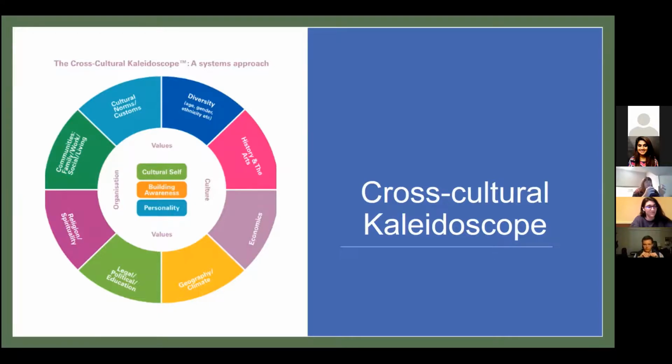We'll talk in a minute about how you can utilize this framework when you're working with people that you're coaching or trying to collaborate with. We'll talk through how that can actually play out in real life in just a second.